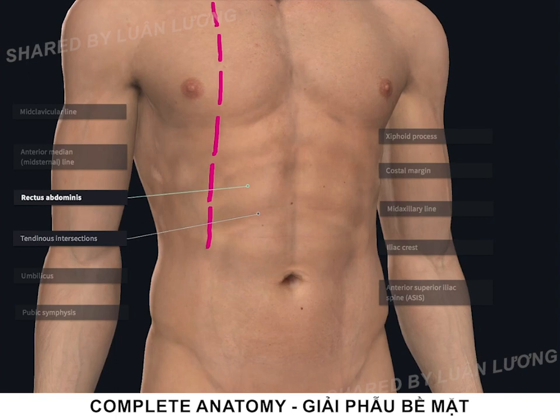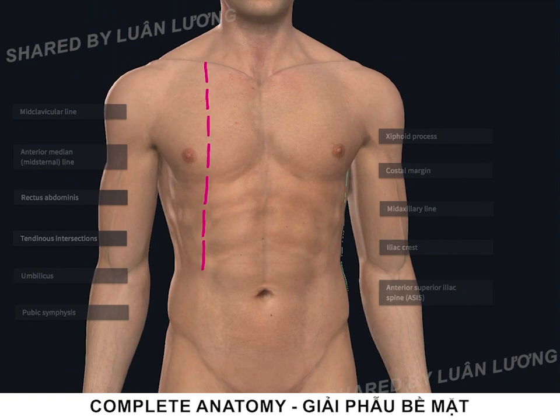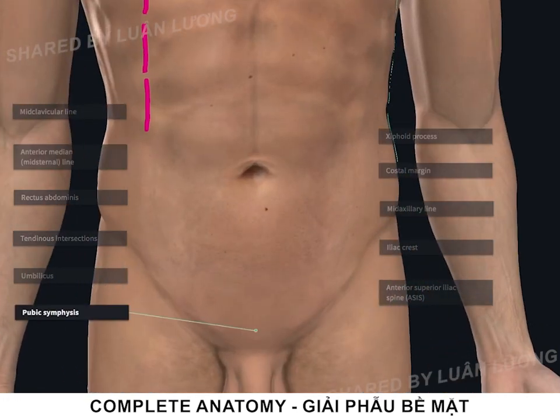So in a thin individual, if they flex, you'll be able to actually identify both the midline of the body, the tendinous intersections, and the muscular components of this muscle. And that mid-clavicular line can help you with orientation of structures internally inside the abdominal cavity when it's subdivided into 9 abdominal regions.